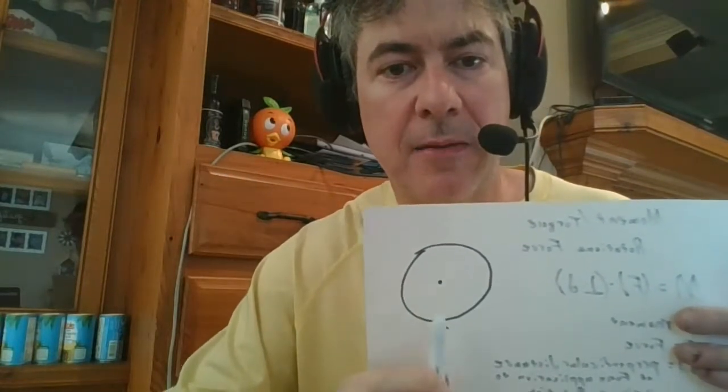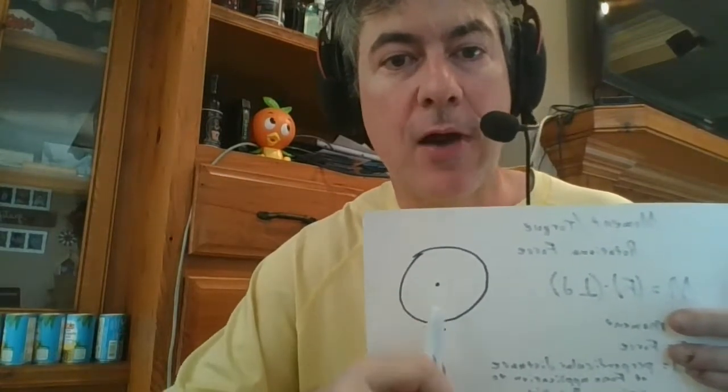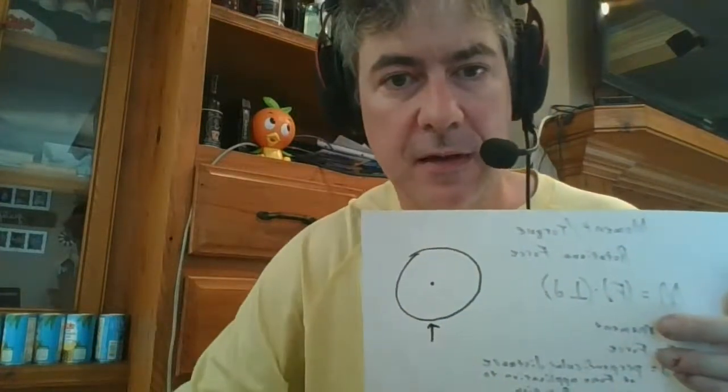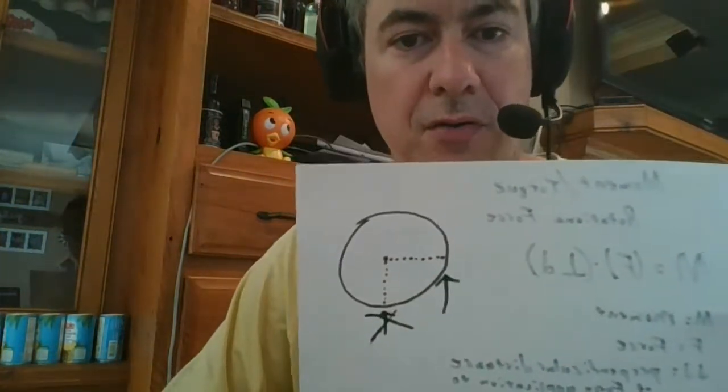I cannot apply my force parallel to the axis of rotation, meaning into the axis, with the axis. I need to apply my force. Watch, I'm going to put a big X right there. I need to apply my force perpendicular to the axis, meaning these little dotted lines are like little mythical arms.